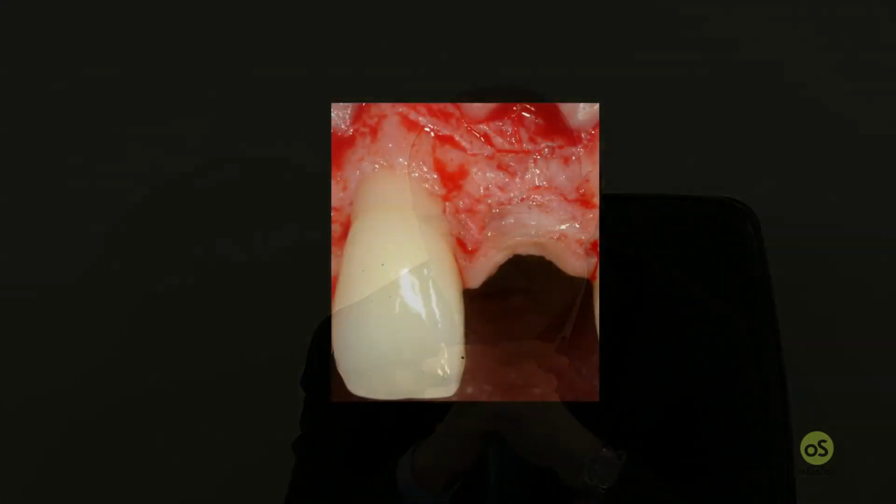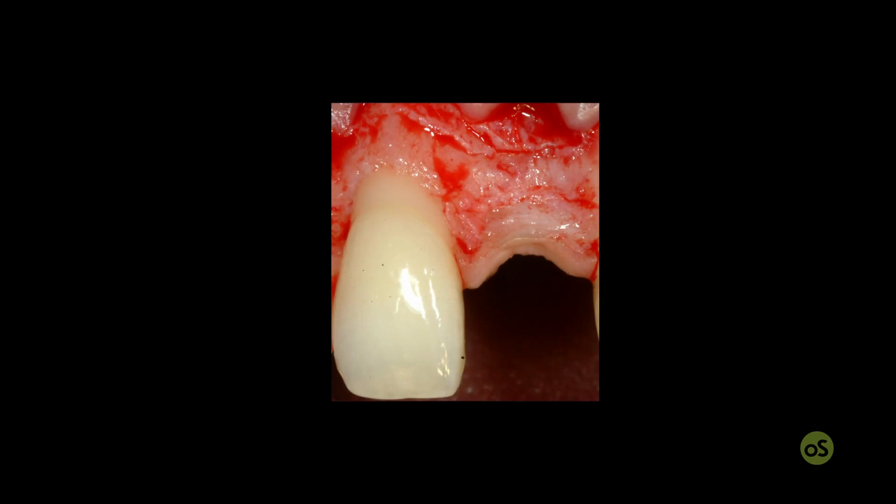So if we start, at least theoretically, the ideal situation is always the situation in which the implant is the consequence of tooth extraction for dental reason. So it means that the patient does not have any periodontal disease, and there is also a very healthy situation at the level of the adjacent teeth.